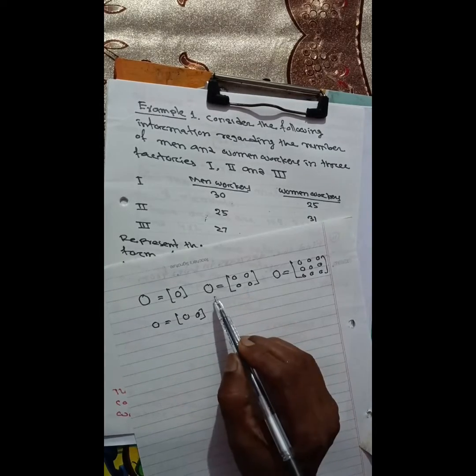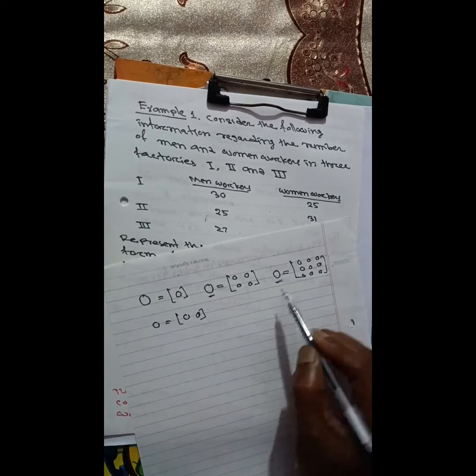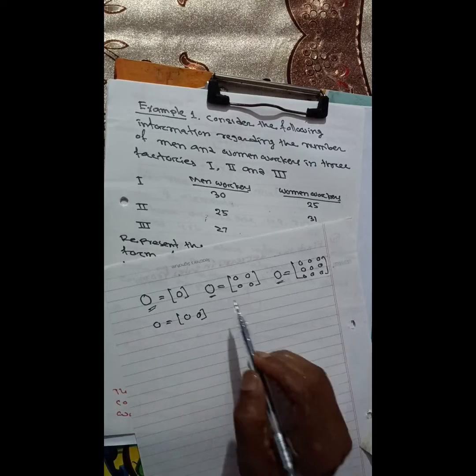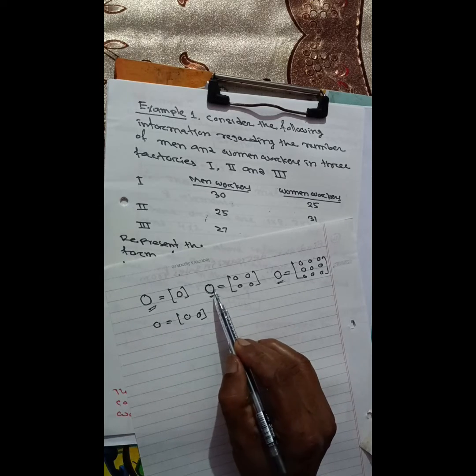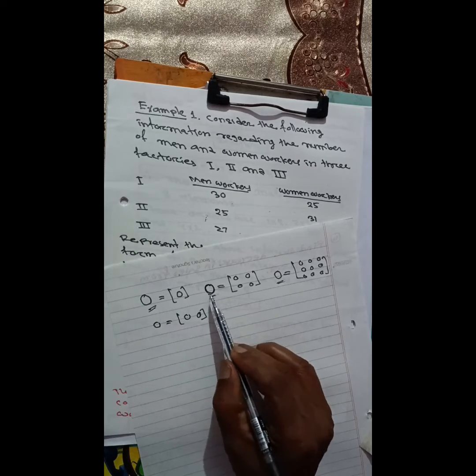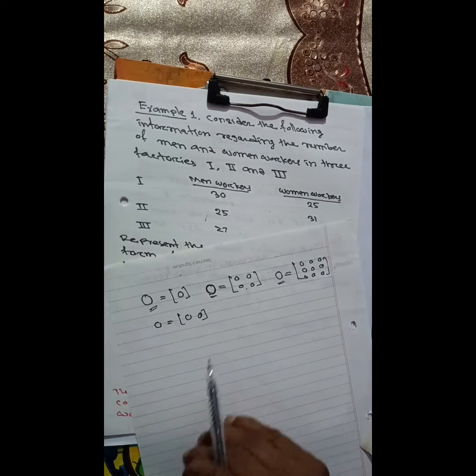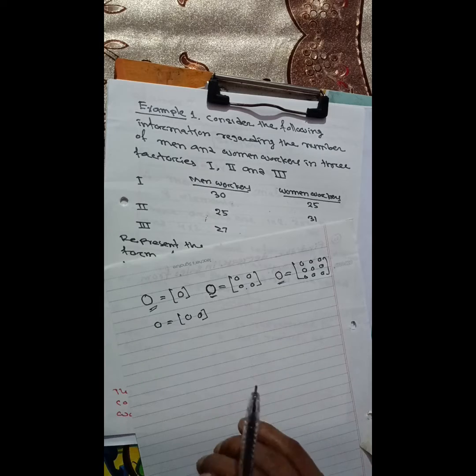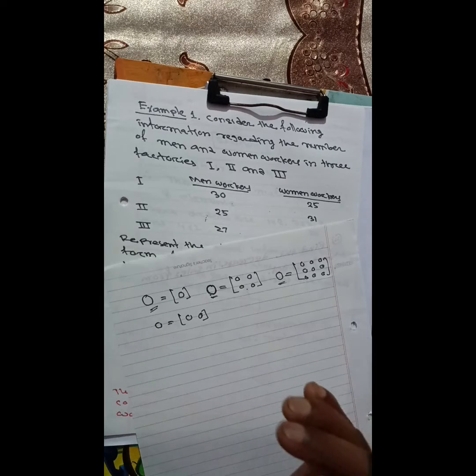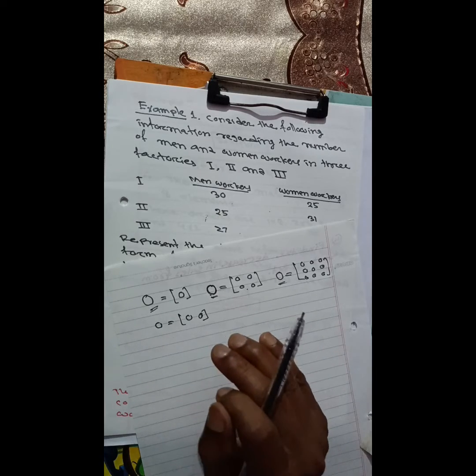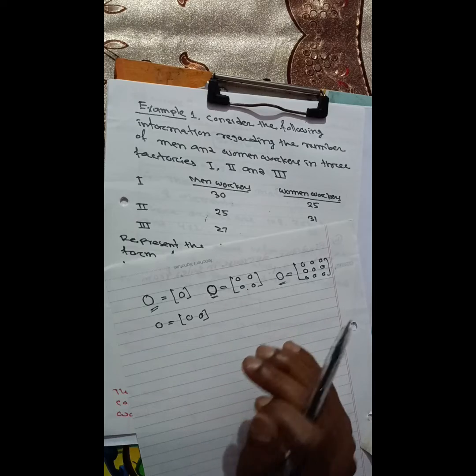It is also denoted by capital letter O. The order of the zero matrix depends on the other matrix in the same problem. If the other matrix is of order 2 into 1, then the zero matrix will be of order 2 into 1.